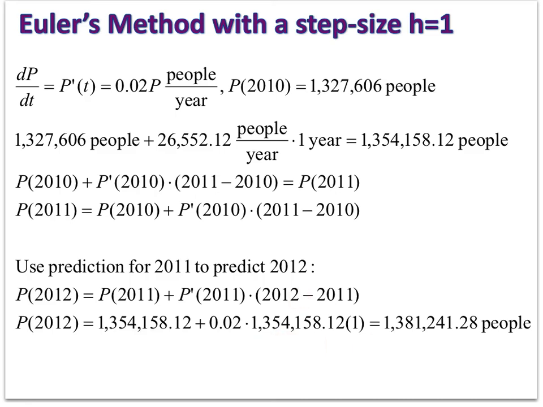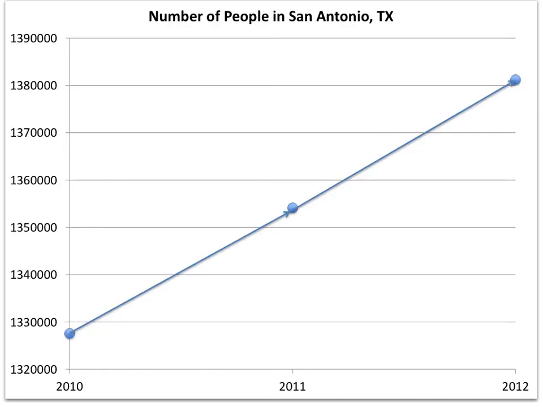And then my step size is just 1 year, and I get my population prediction. As you can see, if we're predicting very, very close values, it looks linear, meaning if I zoom way in, and that's why we call this a tangent line approximation, because we're just looking at these points very, very close within this area.